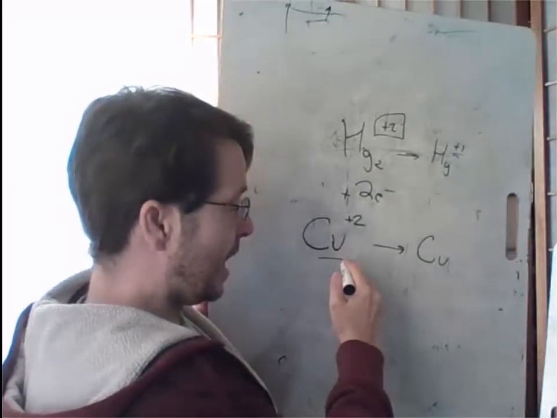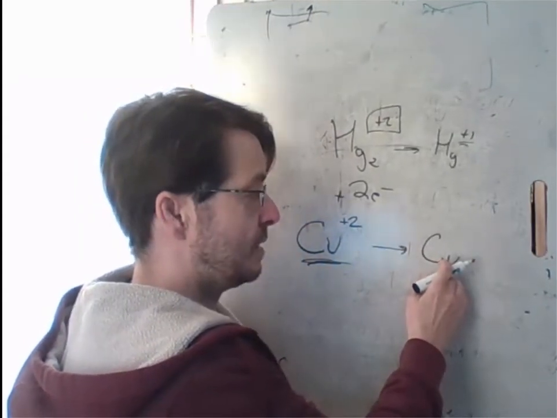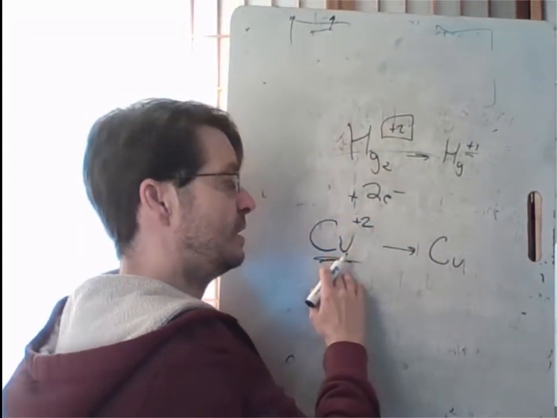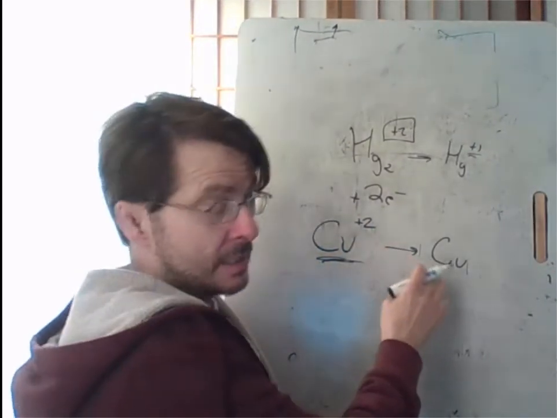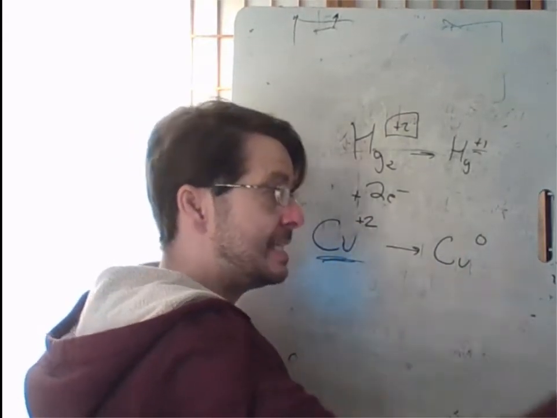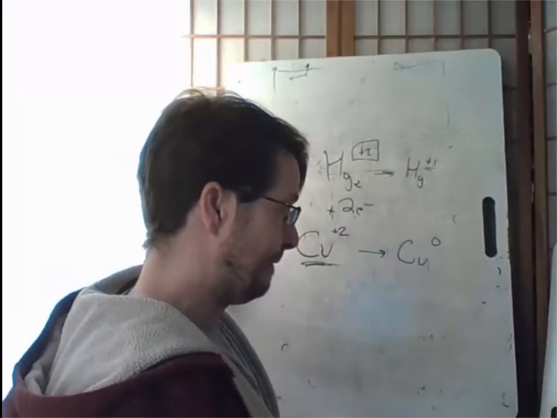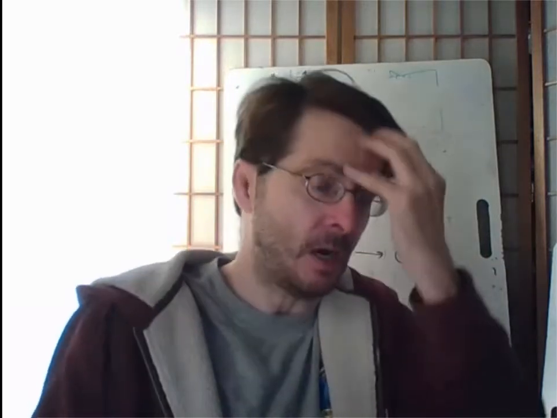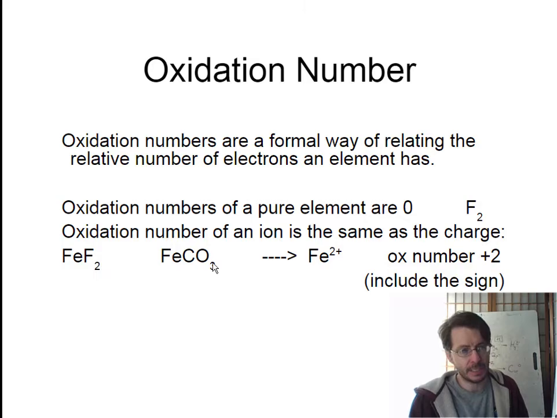So in this case, the copper goes from +2 to copper 0. And so the oxidation number here is +2, the oxidation number here is 0. And so to go from +2 to 0, you have to gain that many electrons. And so charge and oxidation number are pretty closely intermingled, but you can apply it to things that are not formally charged.